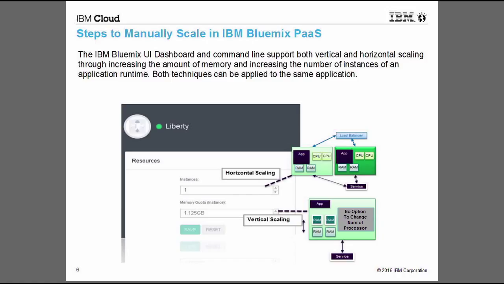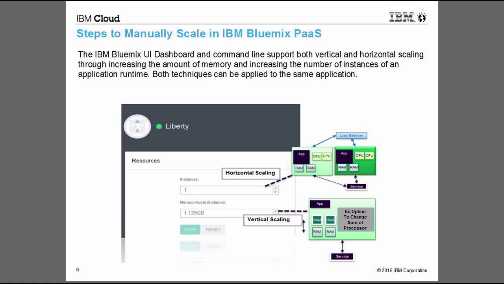You can increase the RAM for your application by increasing the memory quota shown on the screen, by clicking on the runtime that your application is using. That increases the capacity of your application to handle the memory resources that are available. That is called vertical scaling, and it can be done manually.